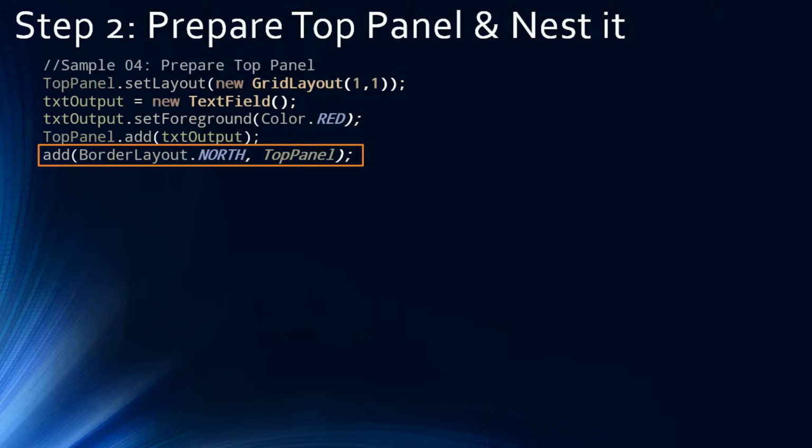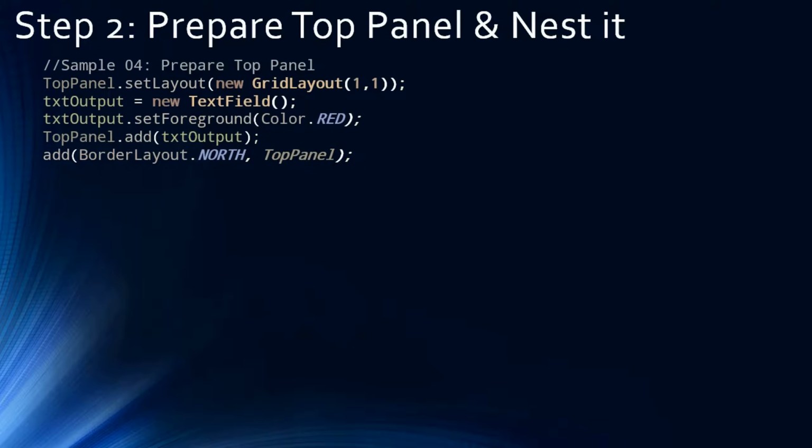At this stage, the panel is acting as a component. In the previous statement, the panel is acting as a container because it is adding a text box to it. And it employed its own layout manager, which is a grid layout. Next, the panel is added to the frame window. And this time the panel is acting as a component.